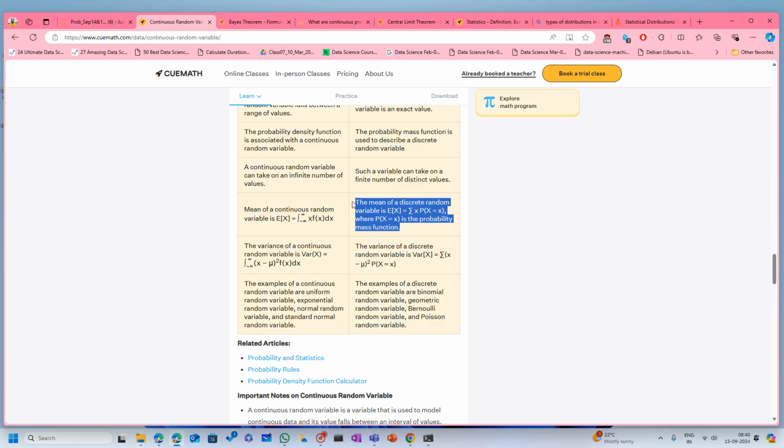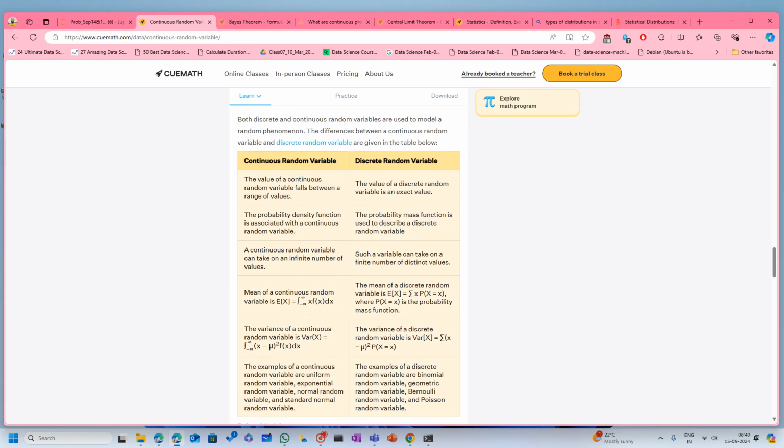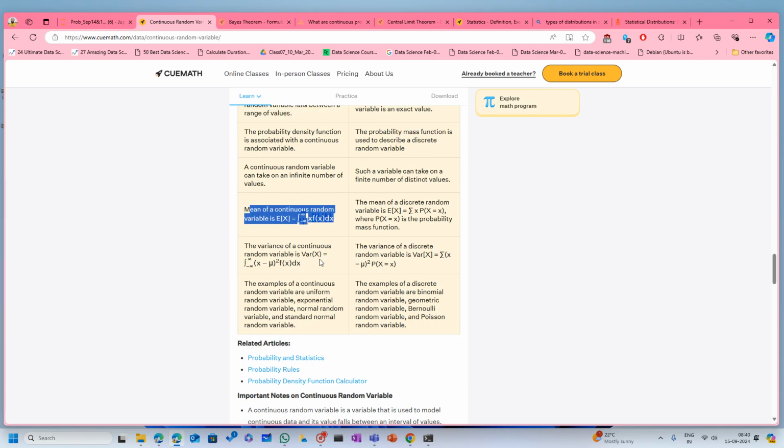Here it's summation, here it is integration. Because in the definition we have already said that this is going to hold an infinite number of values, you see the integration applied over infinity. The negative minimum value could be infinity, the highest value could be infinity, for continuous random variables.